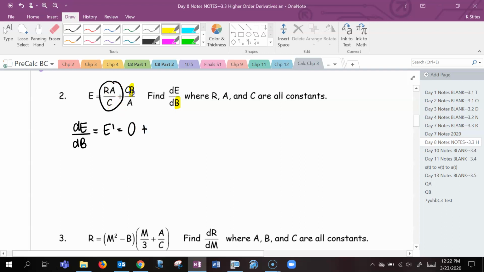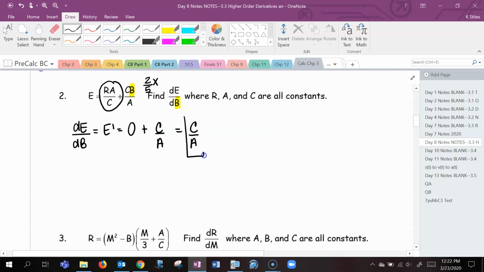Plus, B is the variable. So this would be like the same as, I don't know, like a 2 over 5x. C and A are just numbers. So the derivative of 2/5 x is just 2/5. So the derivative of CB over A is just C over A.